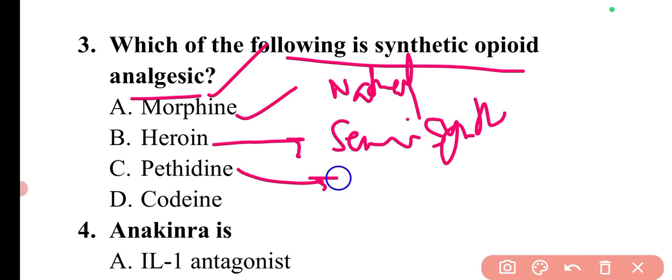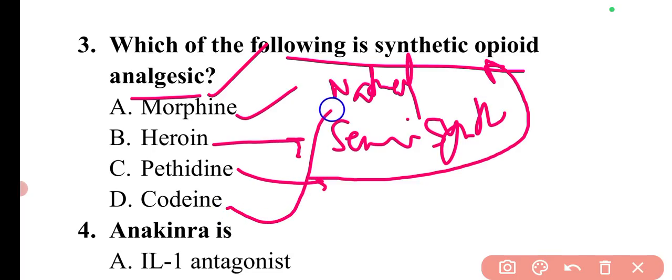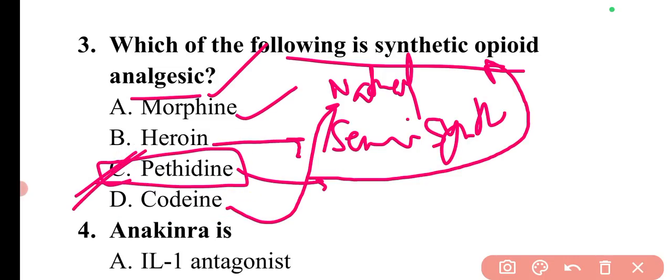Pethidine is a synthetic opioid analgesic. And codeine is again a natural opioid analgesic. So here option C will be the correct answer, that is, pethidine is the synthetic opioid analgesic.